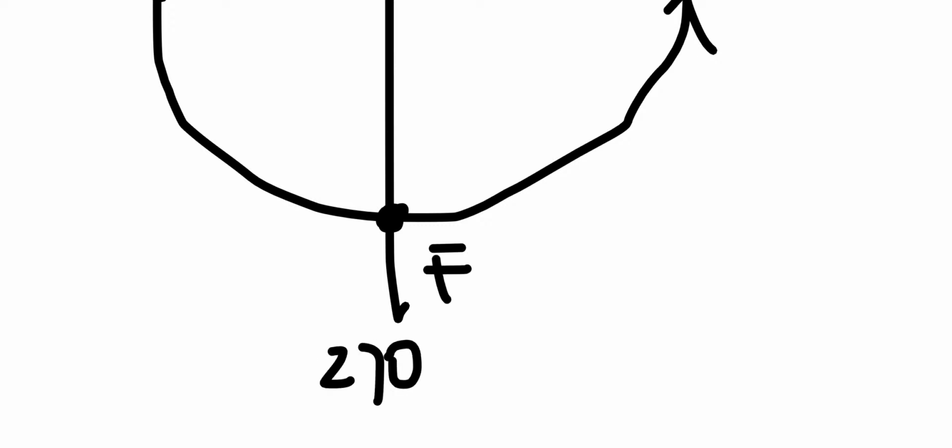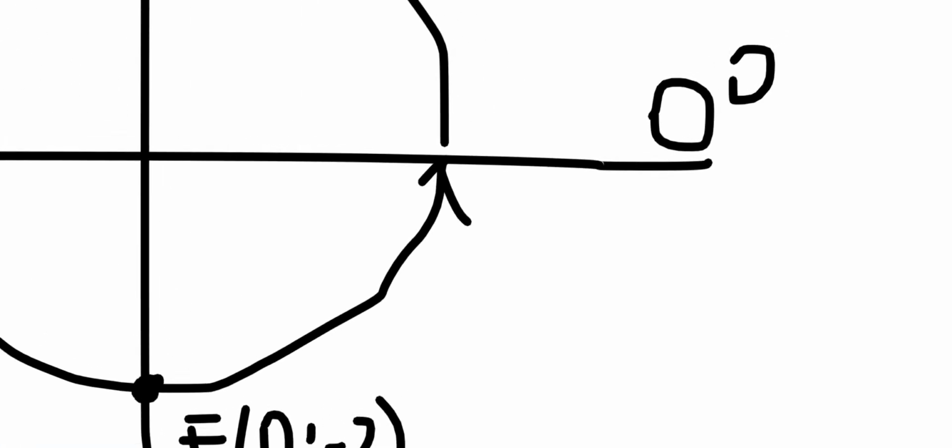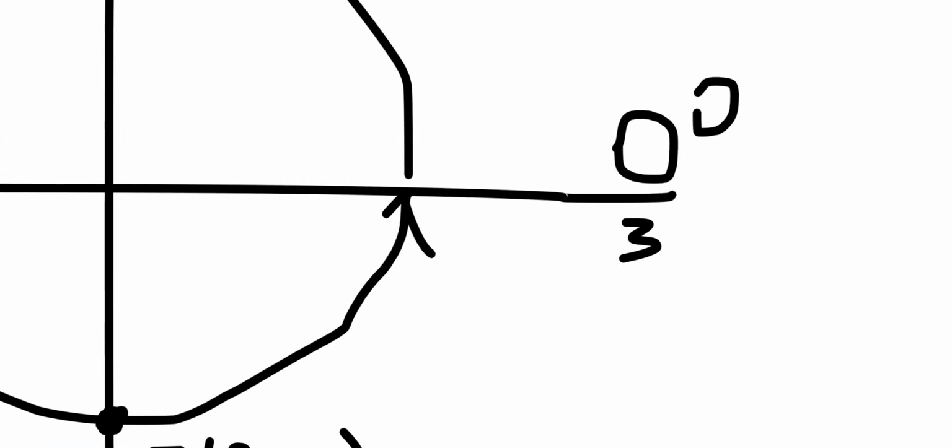I'm actually redrawing this straight from the textbook. This is something that you might use in case the angle is given to you as, for example, 90, 180, 270, and 360, sometimes even 0.